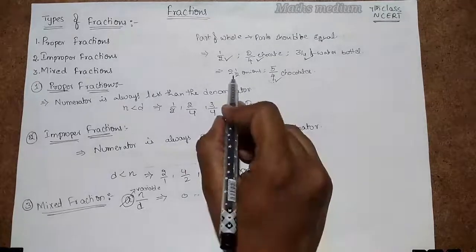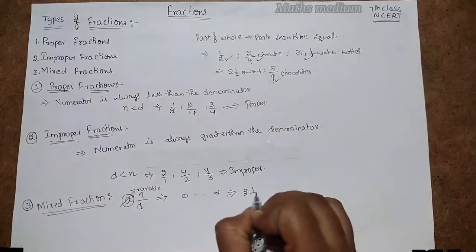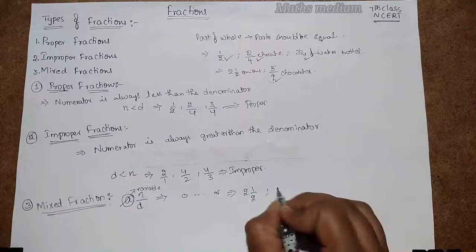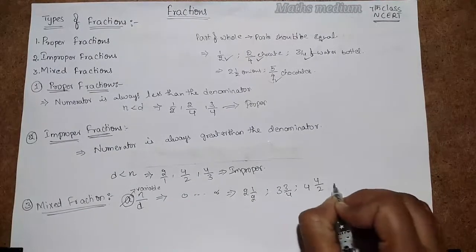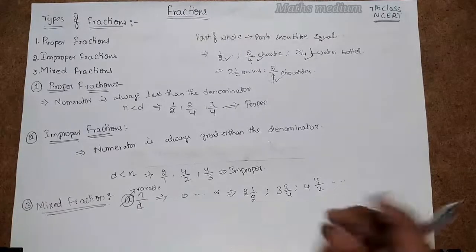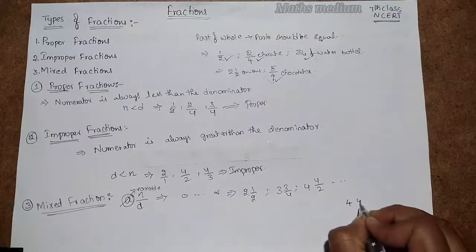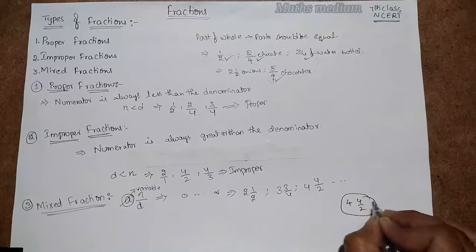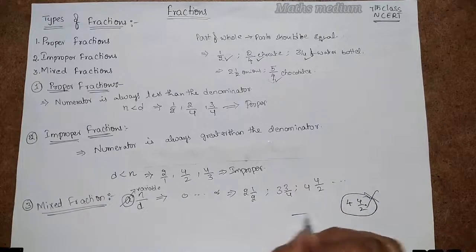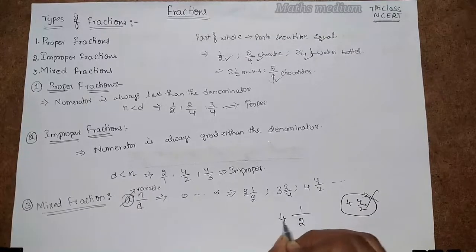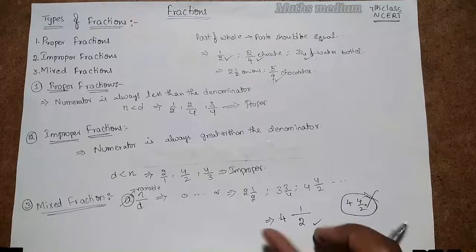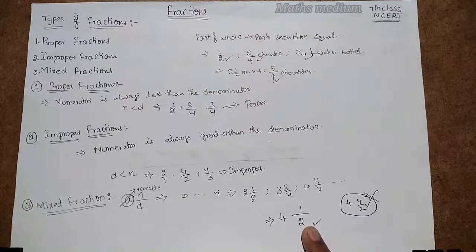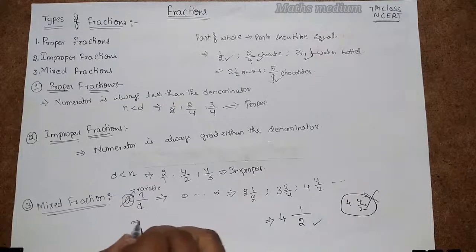For example, see here, 2.5 onions. So 2 and a half is the representation, or 3, 3 by 4, or 4, 4 by 2, etc. We don't represent it as 4, 4 by 2. This is not a representation of a mixed fraction. The 1 by 2 must be placed opposite to the line while representing a mixed fraction. This is the proper representation of a mixed fraction.